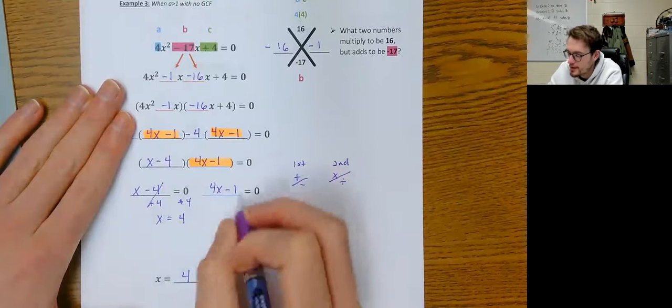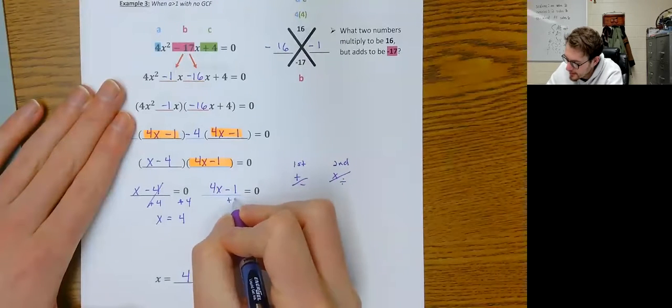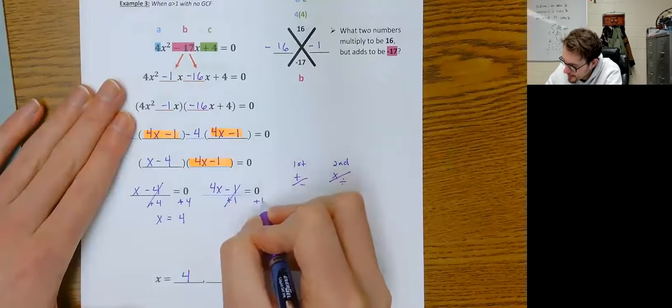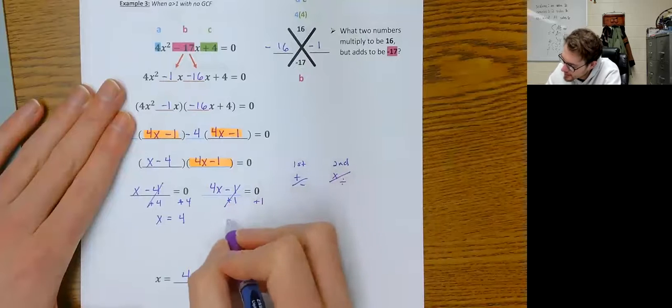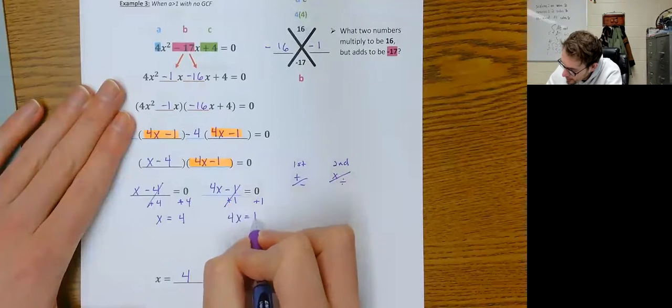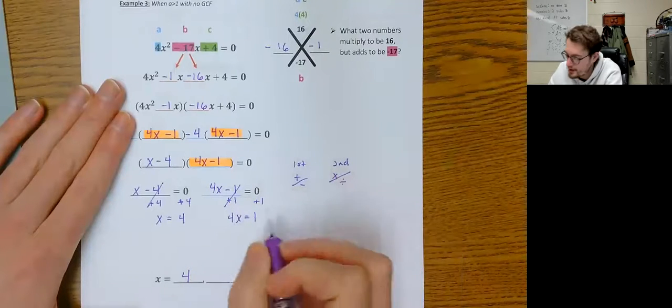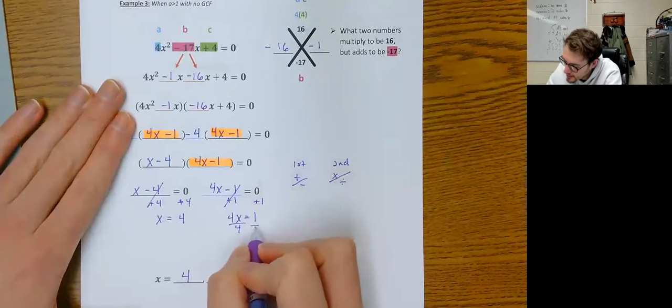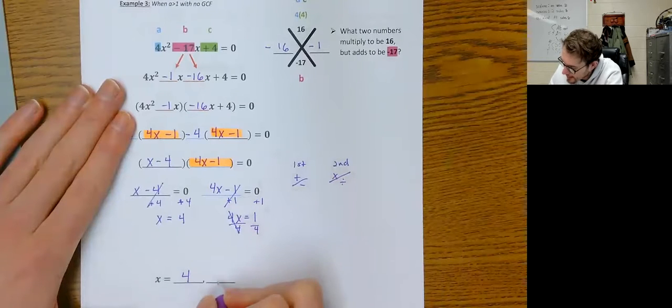So I'm going to cancel out a subtraction with addition first. So I get 4x equals 1. Now I'm going to cancel out multiplication with division. So I get 1/4. Also totally fine if you put 0.25.